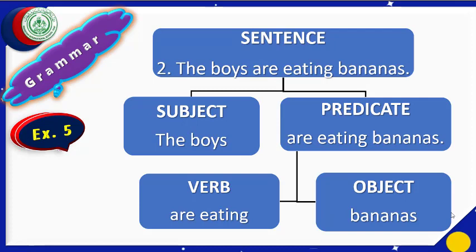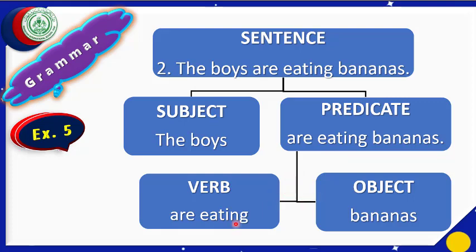This is second part of the exercise. In this part it is given the boys are eating bananas. What is the subject of this sentence? The boys. What is the predicate? Are eating bananas. Now we shall break the predicate further into verb and object.